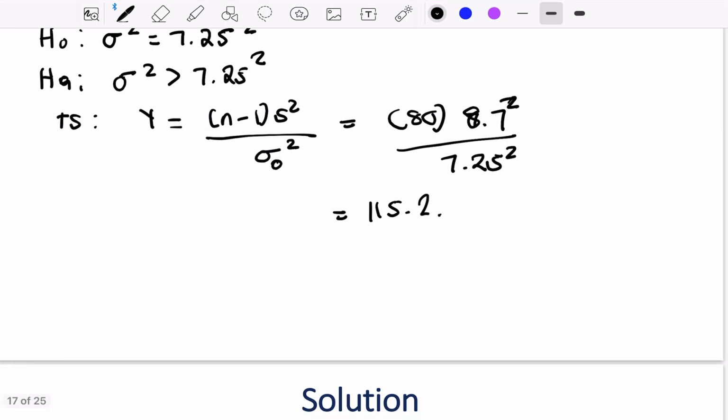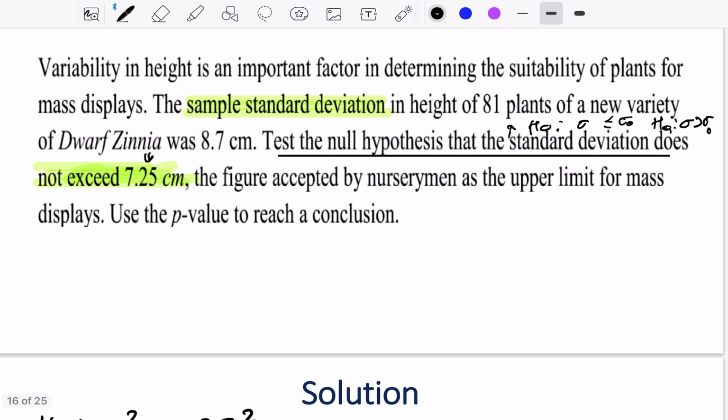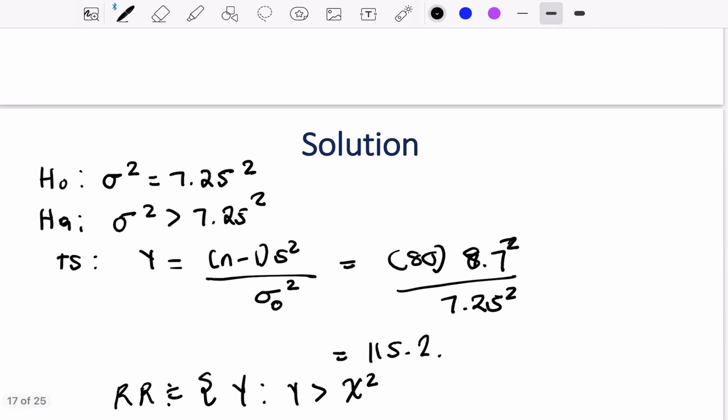Okay, so remember you need a rejection region. So you would reject, because now you're dealing with an upper tail test. If this chi-square, your rejection region is y, if y is greater than chi-square value of, testing at 5%, I remember they didn't say, but if they don't say, automatically assume 5%.